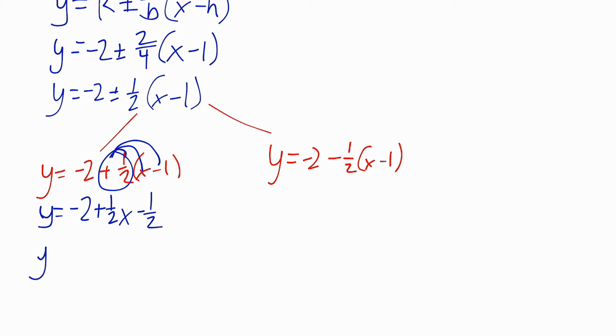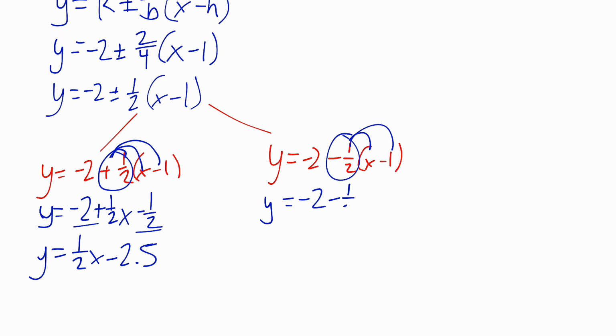Putting it in slope-intercept form, we got y equals positive 1/2 x, and then we have -2 minus 1/2 gives us -2.5. Over here on the other equation, we got y equals -2, and then we're going to take the whole -1/2 and distribute it. So we got -1/2 x, and then -1/2 times -1 is going to be plus 1/2.